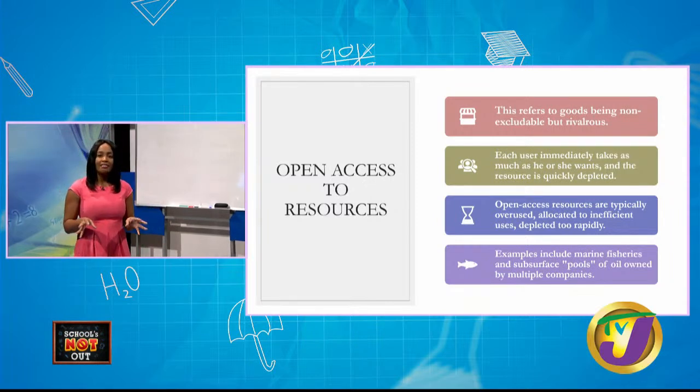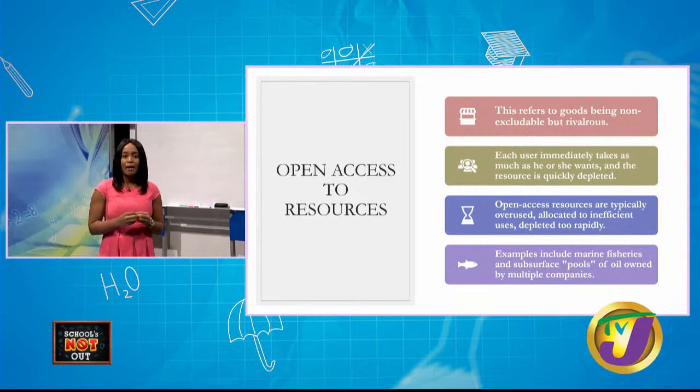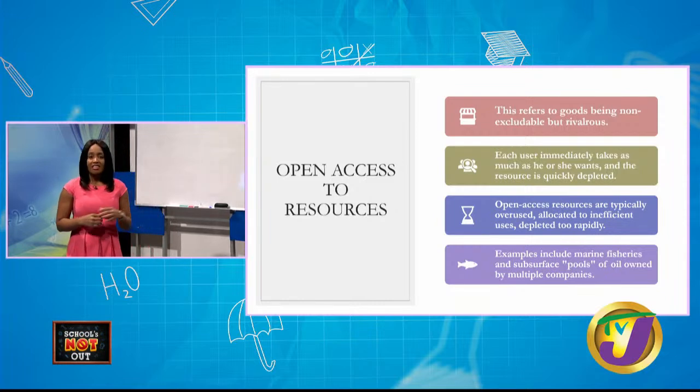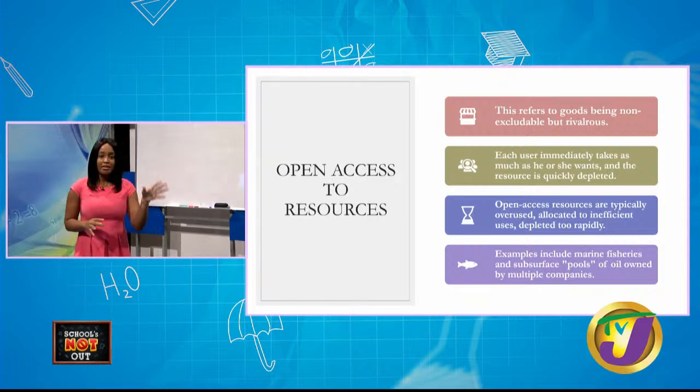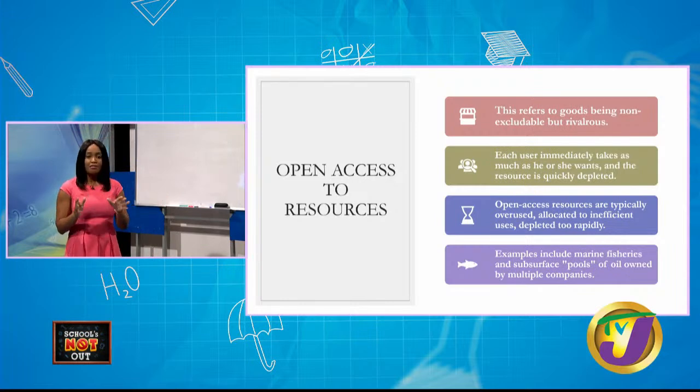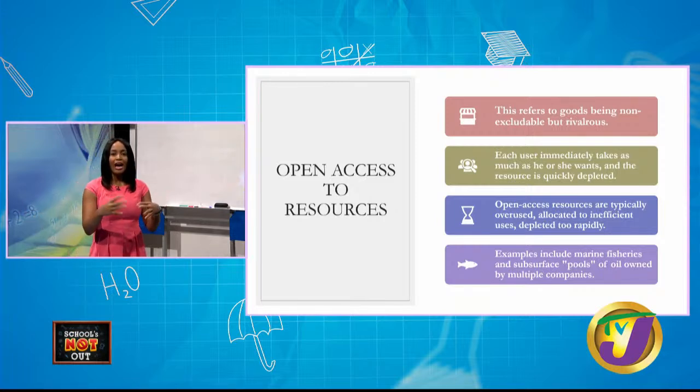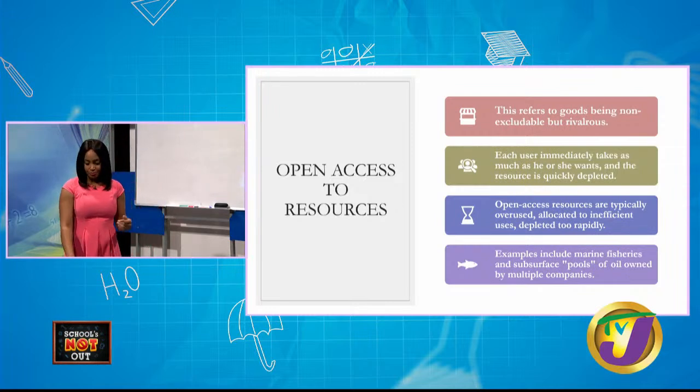So with open access to a resource, what typically happens is that things are allotted on a first come, first serve basis. So if the first person goes out to the sea and catches all the fish, then there'll be none left for you to catch. And so the problem is that it's open. You can't restrict anybody from going out to catch fish.